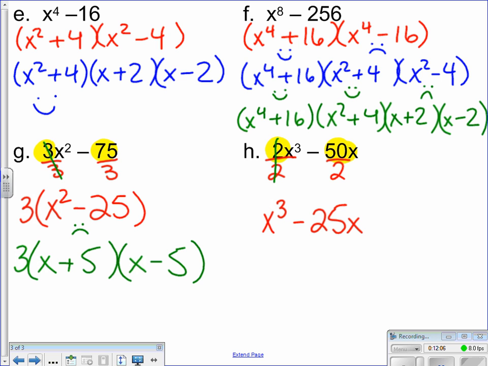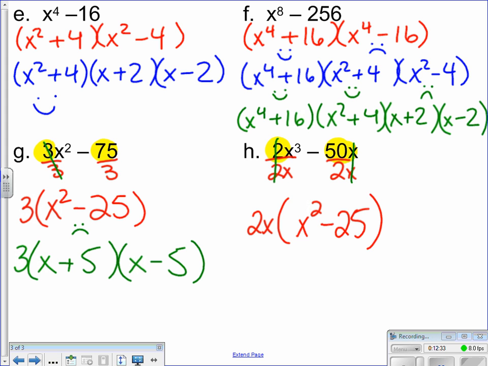So not only should you divide by 2, but you should divide by 2x. What this will do is take 1x away from x cubed and leave you with x squared. 50 divided by 2 is 25, and the x's cancel out.